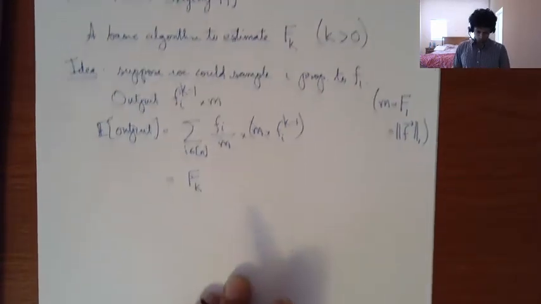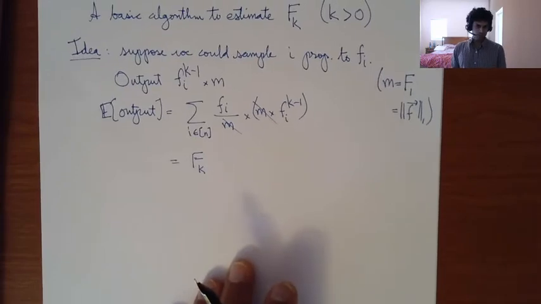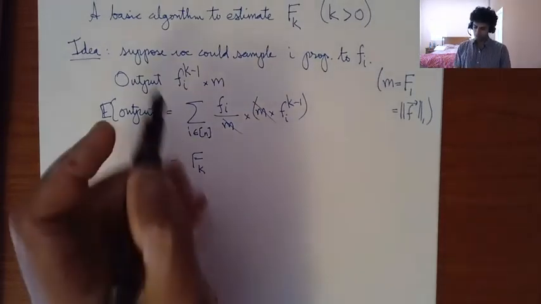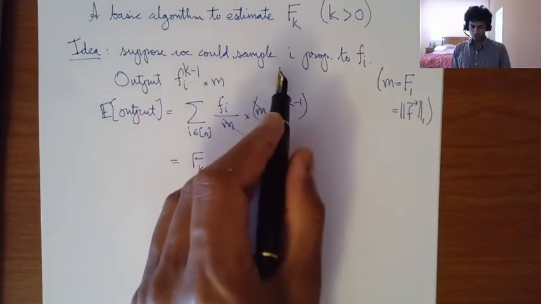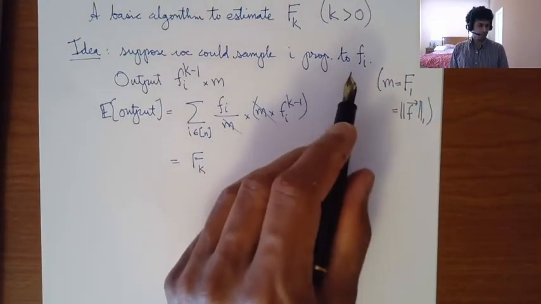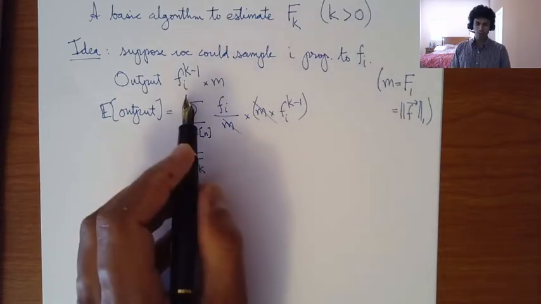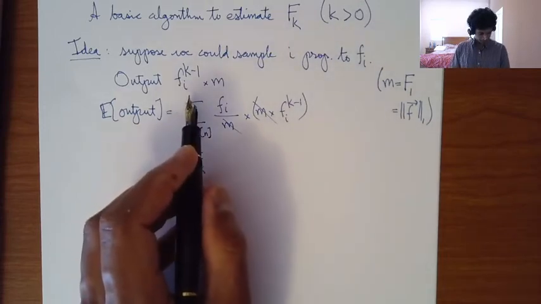Now clearly it's not obvious how to implement this in the streaming setting. Potentially you can sample something proportional to f_i using reservoir sampling, but how do you actually get f_i?